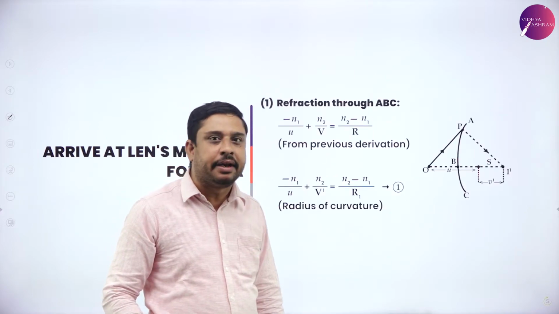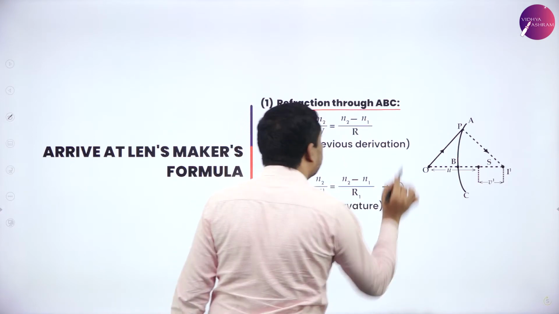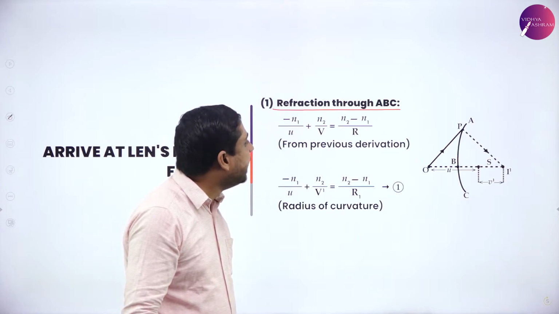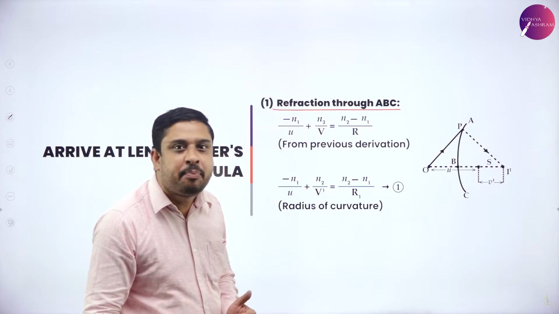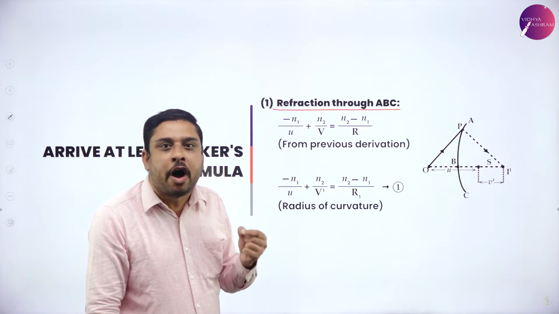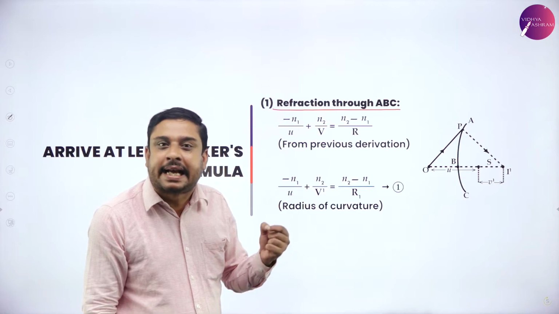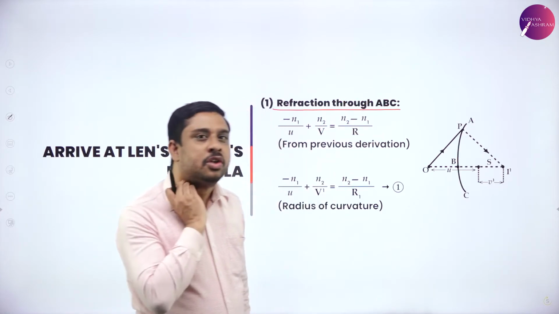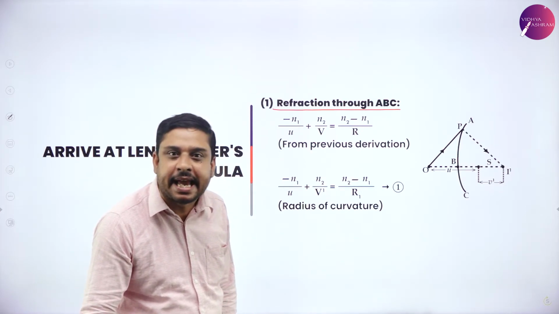The first one: refraction through the surface ABC. In the first step, I am considering the formation of the image when I consider refraction through the surface ABC.